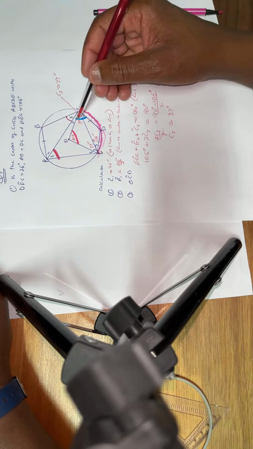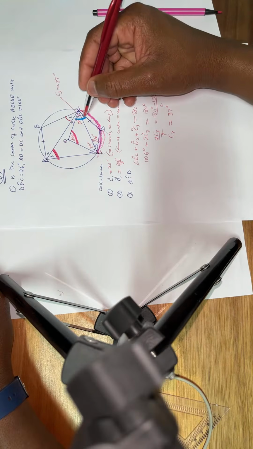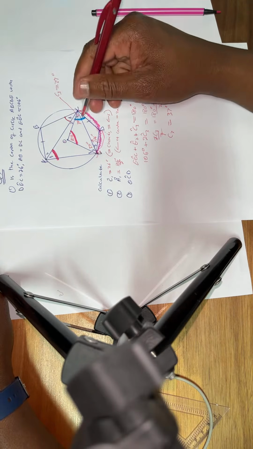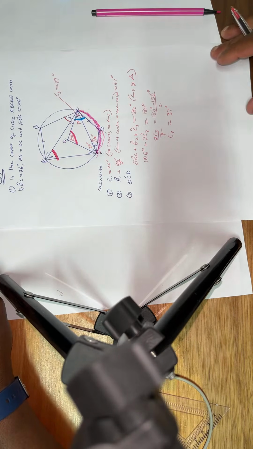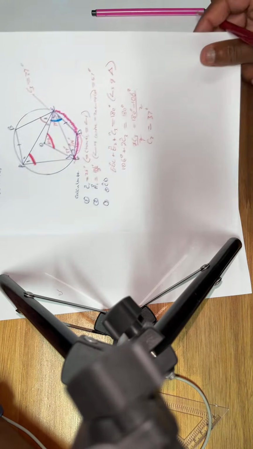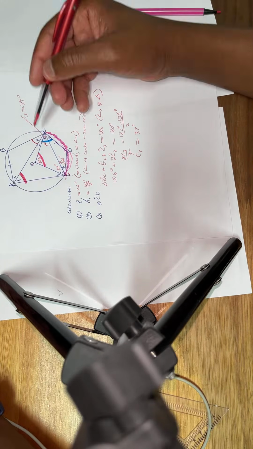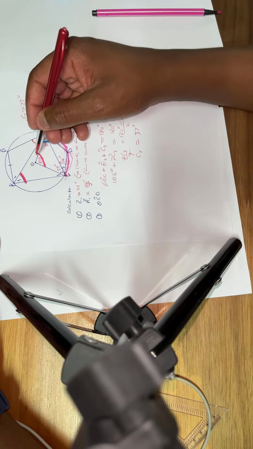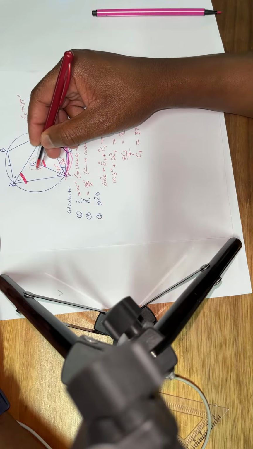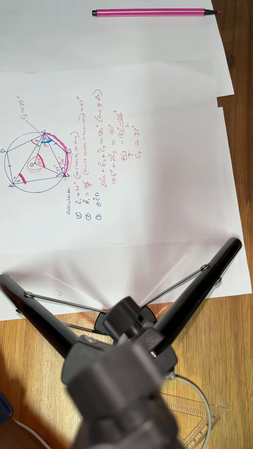So now we know this angle. It means now we are to calculate angle C4. To calculate angle C4, we can firstly find this angle here, angles around a point, okay?